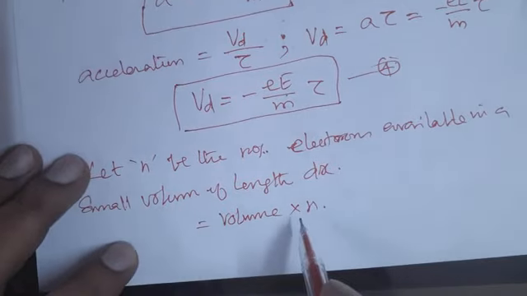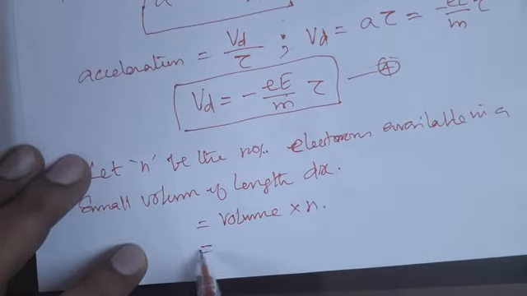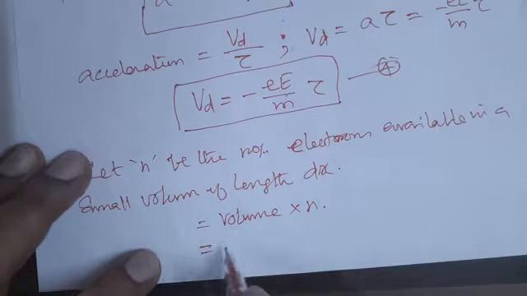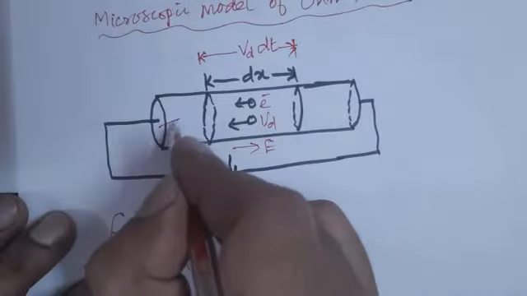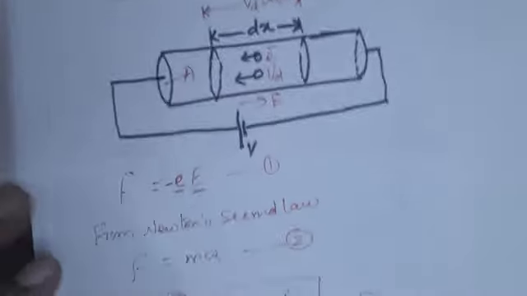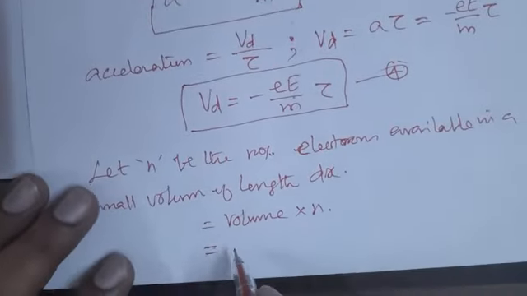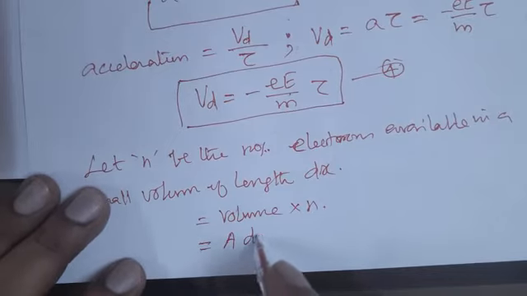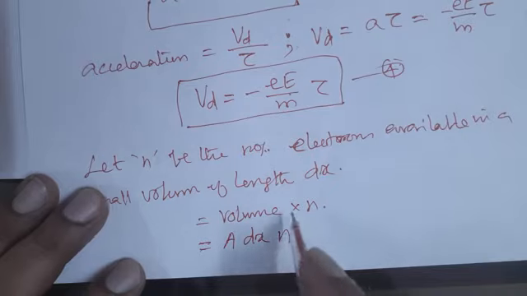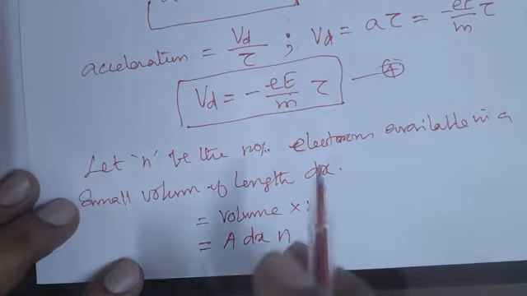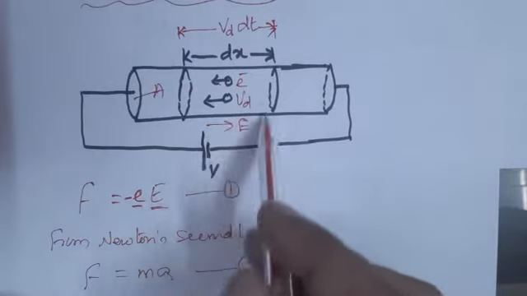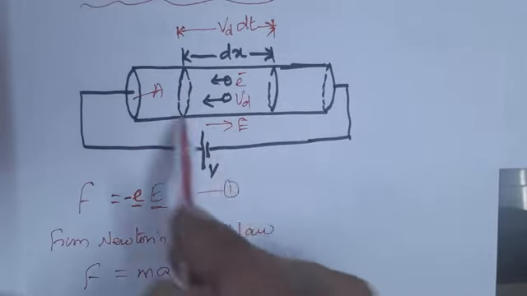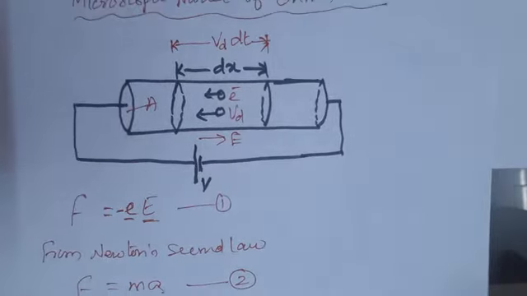The volume of the element is given by the area of cross section, where A is the area of cross section, into dx. So the volume is A dx, and the number of electrons is A dx into n, the total number of electrons available in this small elemental part under consideration.